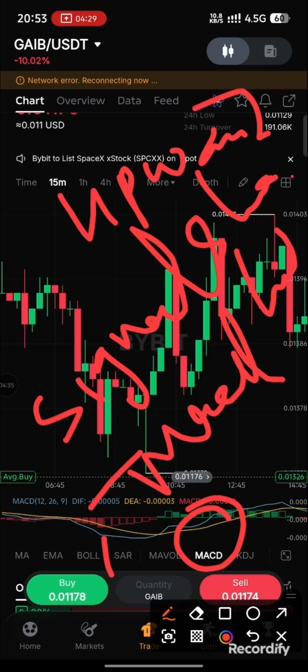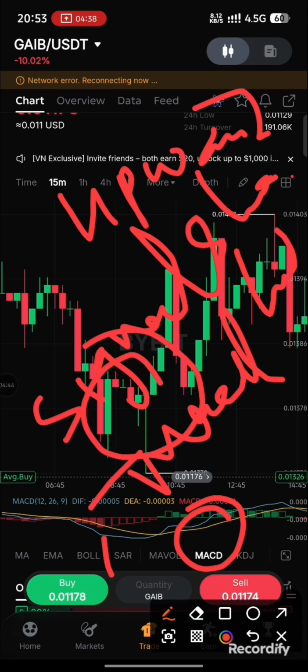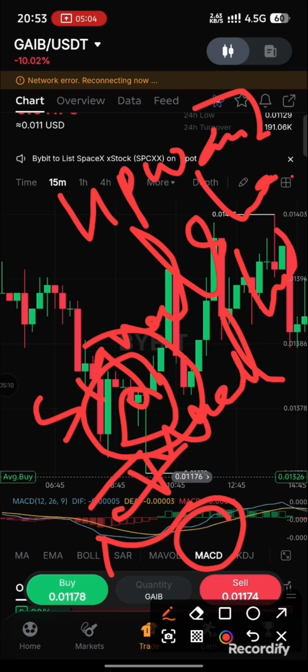So how does this MACD work with this hammer, or with this candle? If you see this candle with the sign of a hammer, and you notice that the MACD line is about to cross, or is crossing, the signal line. The MACD line is the blue line, and the signal line is the yellow line. So when the MACD line is crossing the signal line, and it happens at the same time as a candlestick with the sign of a hammer, then it is an accurate time for you to dive into the trade.